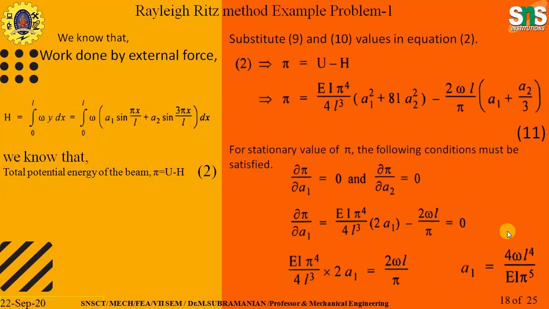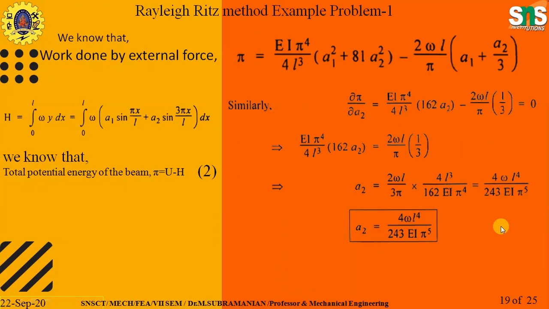Similarly, the other Ritz parameter a2 we have to calculate. Similarly del pi divided by del a2. The constant is EI by 4 L cube, and 2 into 81 gives 162 a2.